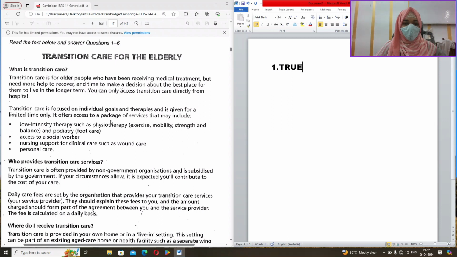Yes, contradicts. False. Because here they have only written limited time, like they offer access to package services, and these are the services provided in the package.